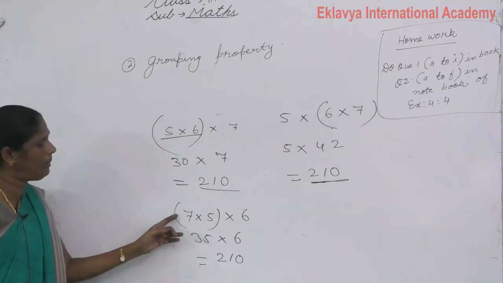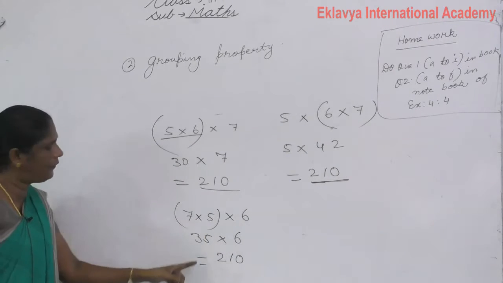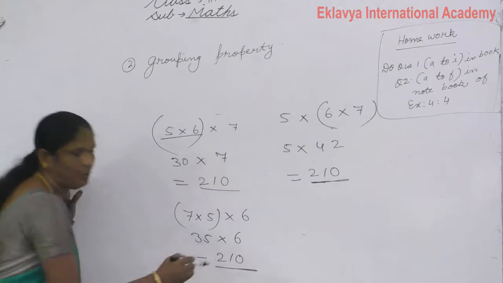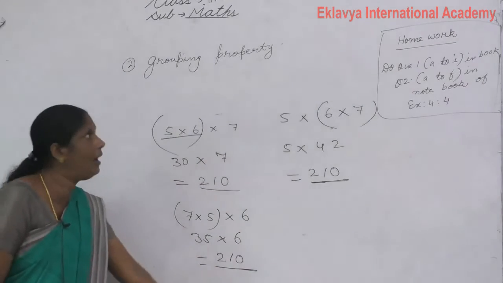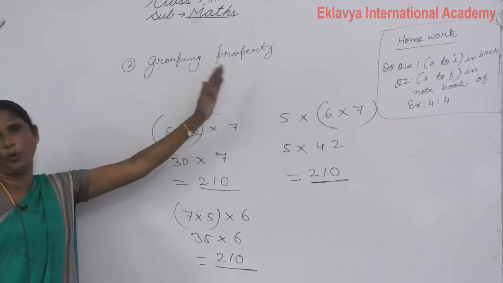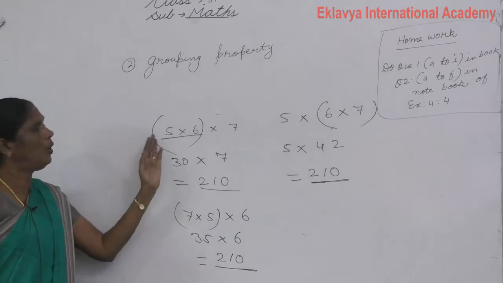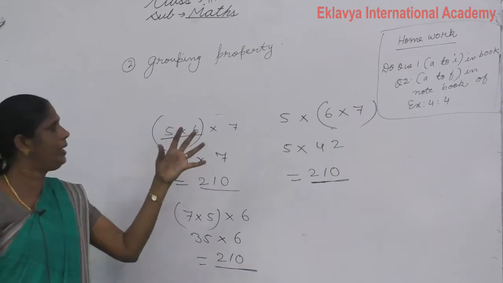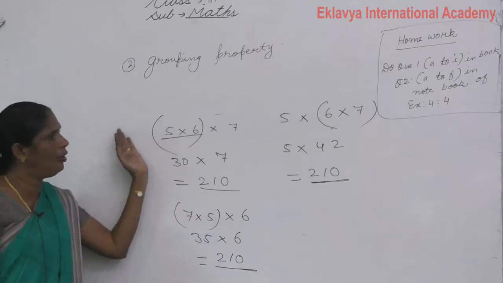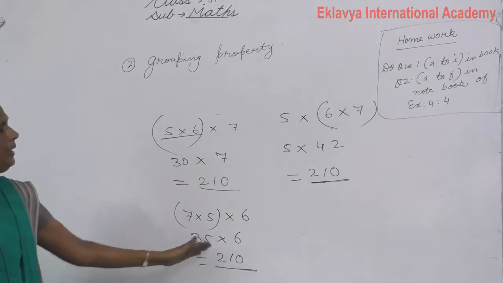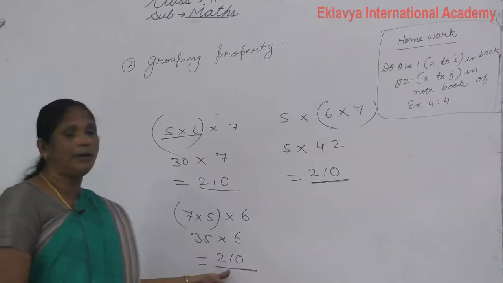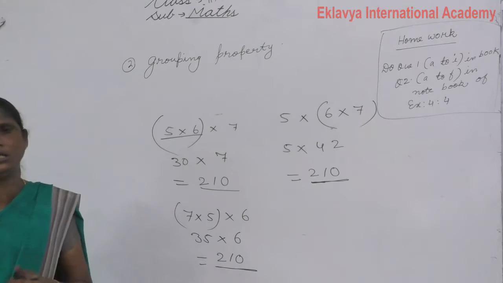Then 7 multiply 5, and the final answer is also 210. This property is called the grouping property. When 3 or more numbers are grouped in any order, the final result is not changed.